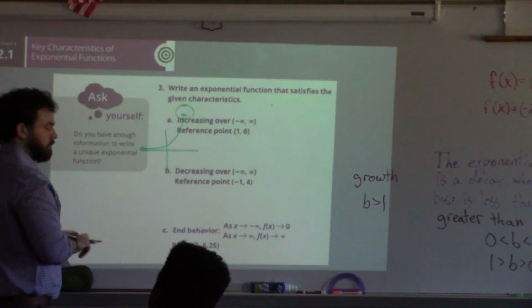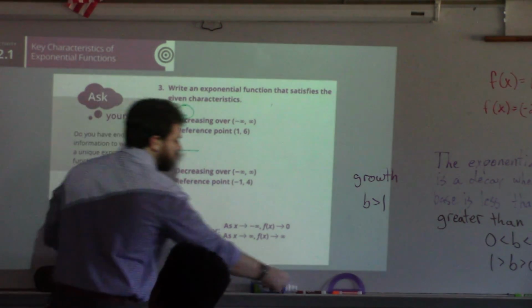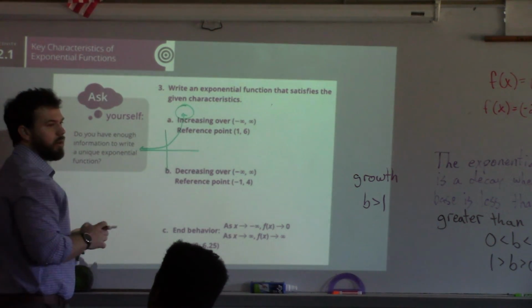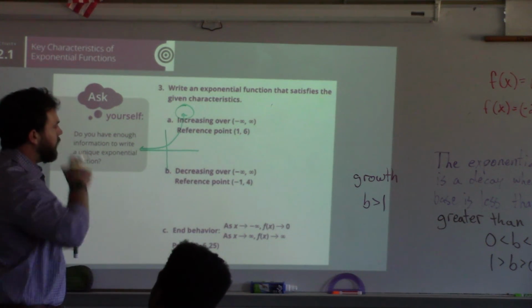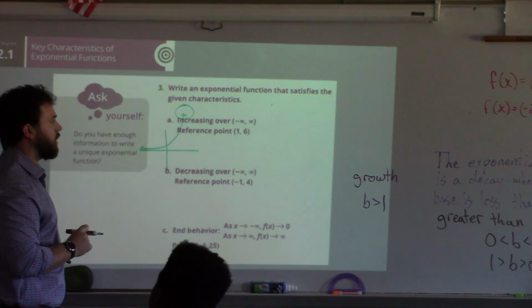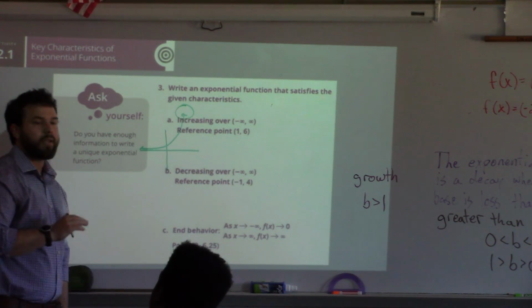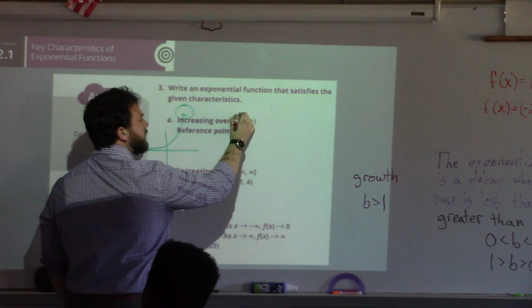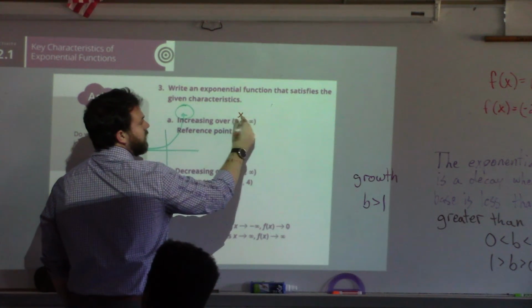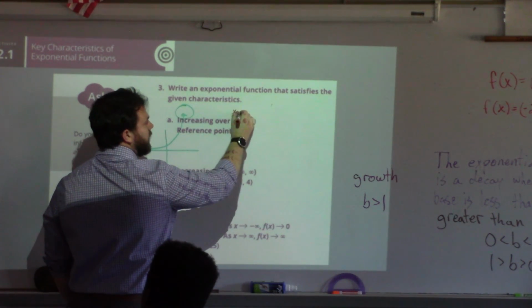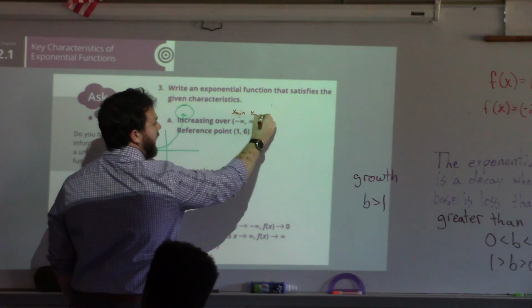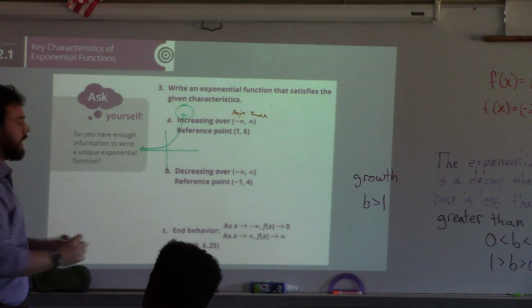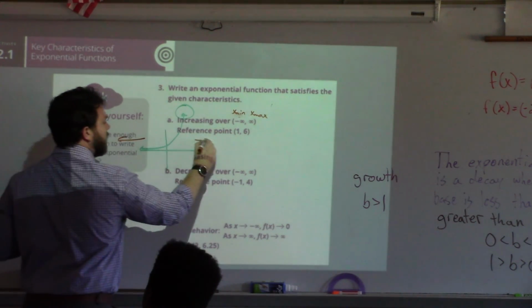Let's talk about one key term that I think we are missing. First off, do not mix your x and your y's. When we say it's increasing, remember, we're already saying that the x minimum is negative infinity and the x maximum is positive infinity. That's referring to the left and the right.